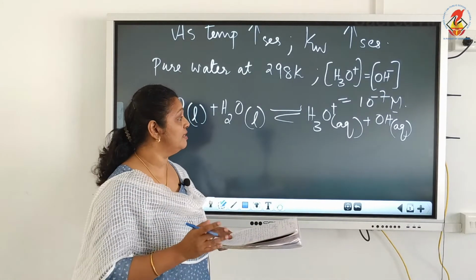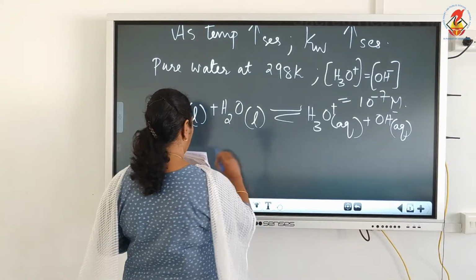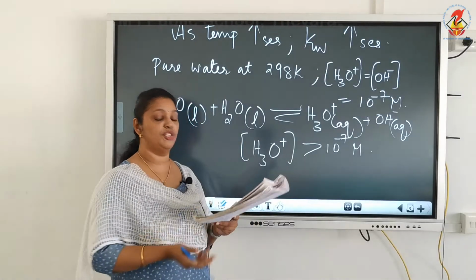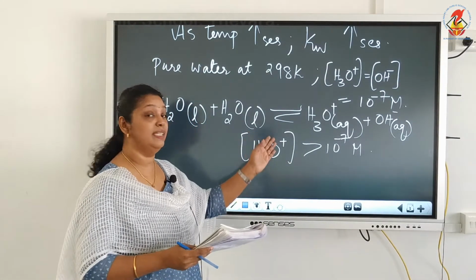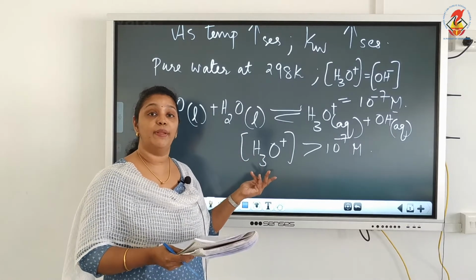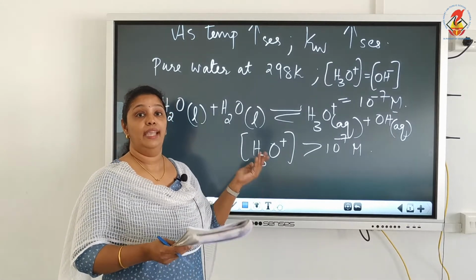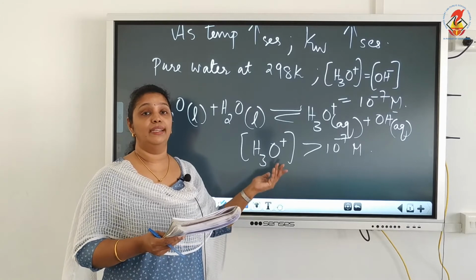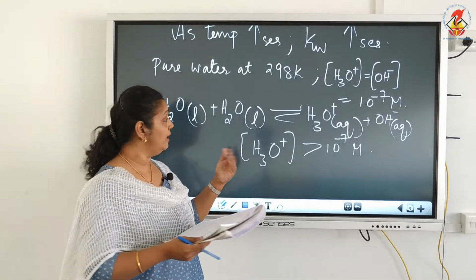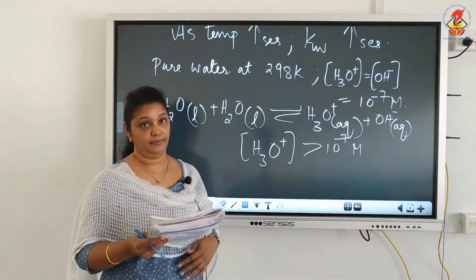It means the concentration of H3O plus will be greater than 10 raised to minus 7 molar, or it will be greater than the concentration of OH minus, and we know the equilibrium is disturbed when I add more H plus ion. So, what will happen according to Le Chatelier's principle? According to Le Chatelier's principle, the reaction will take place in the backward direction, preventing the ionization of water.